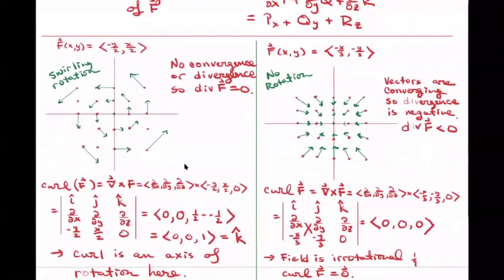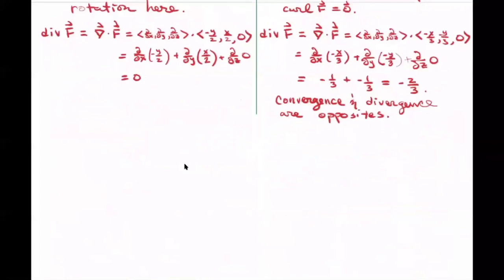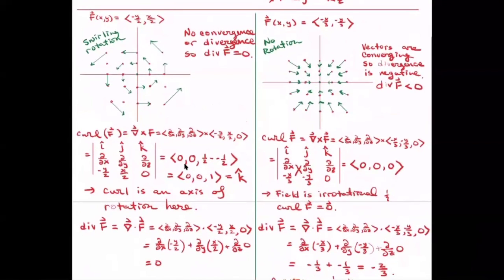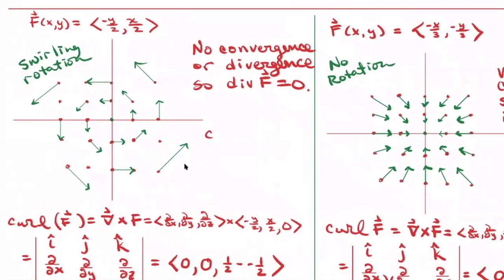Let's go down here. I should also mention that on this one, the curl of the field was K, right?